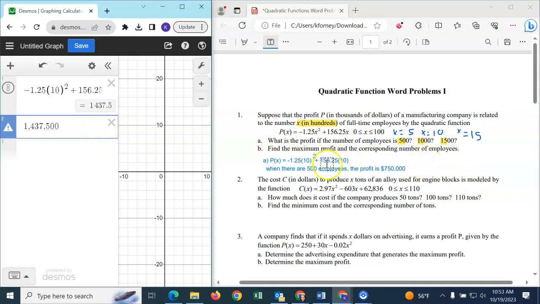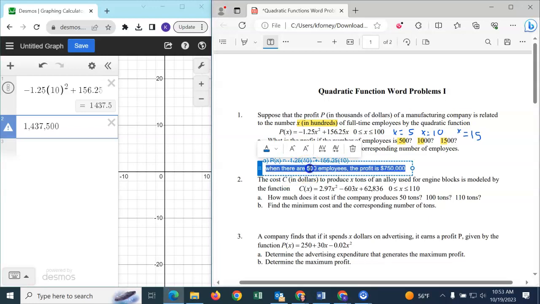So when there are 1,000 employees, the profit is $1,437,500.